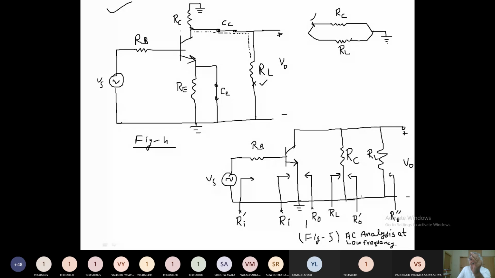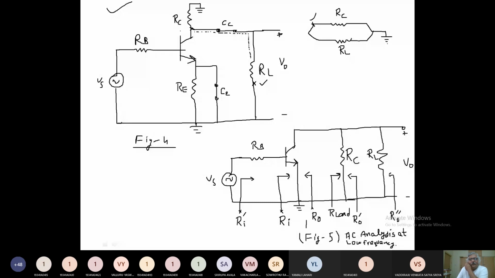What is the difference? R1 dash is looking inside your transistor, then RC parallel to the RO. But when I am talking about the load, then from this place I am looking outside. So here you will get, suppose I write it, R load.